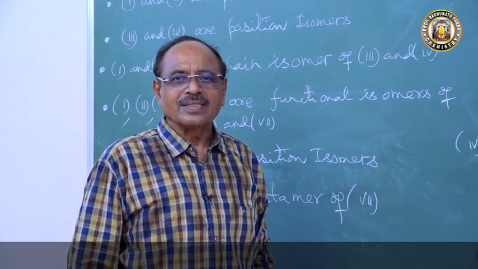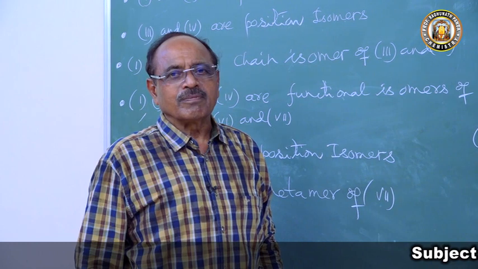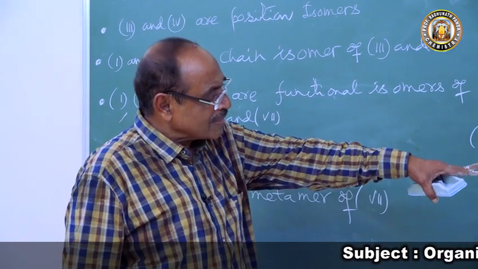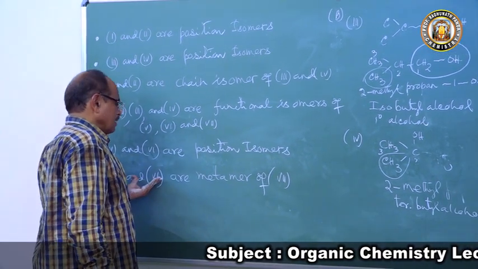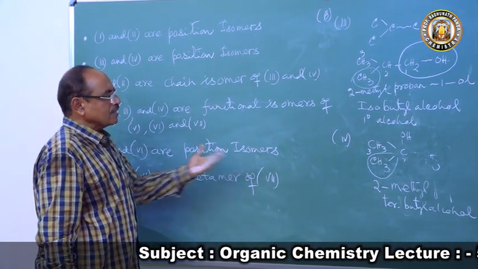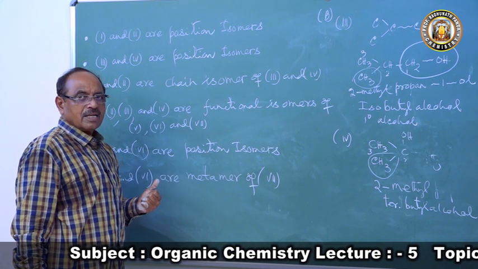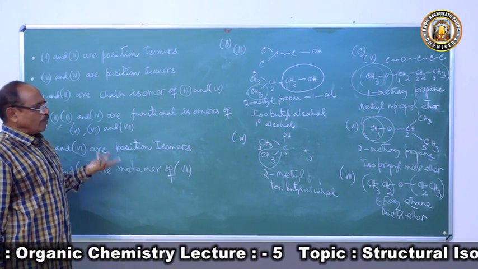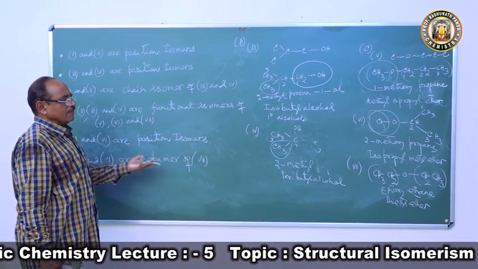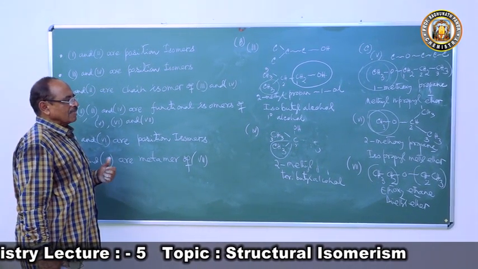How many metamers are there? 2 metamers. So 5 and 6 are one type, 7 is another type.